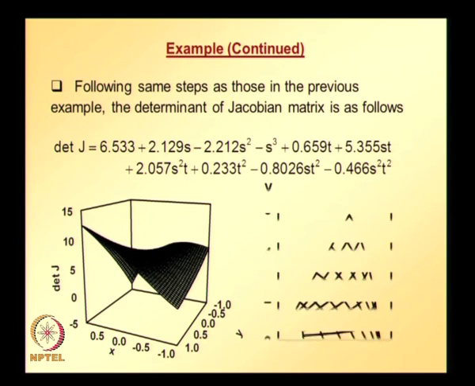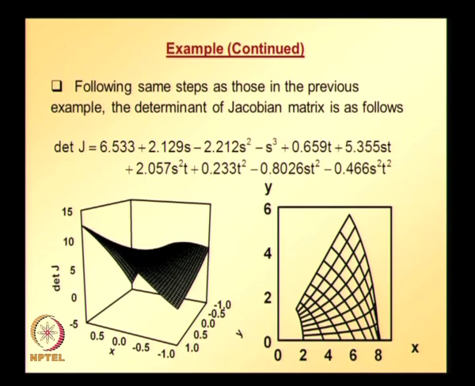and the same can also be verified by plotting x y in terms of s and t. And if you see in the right hand side bottom corner, where x is almost equal to 8, you can see a fold there.